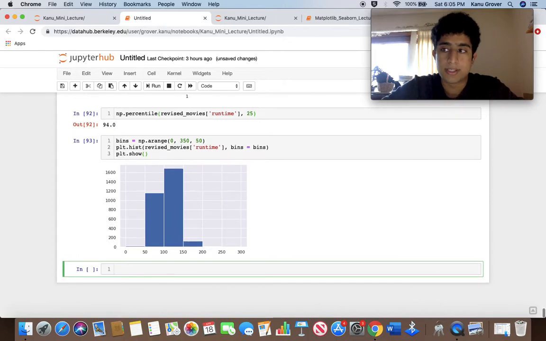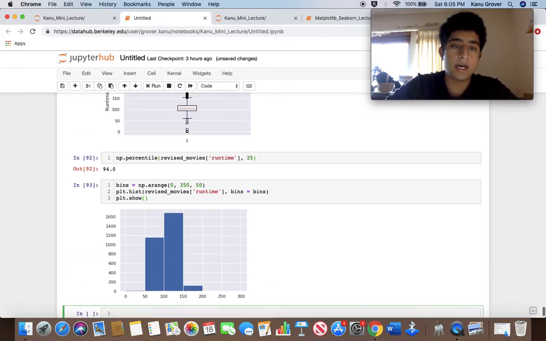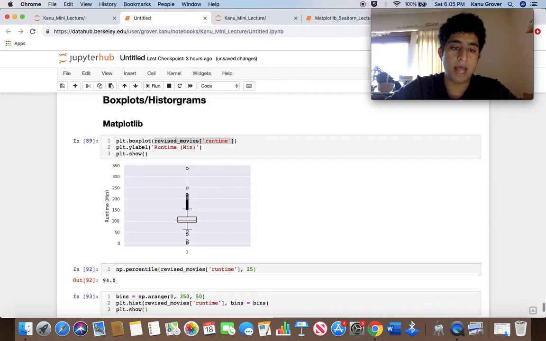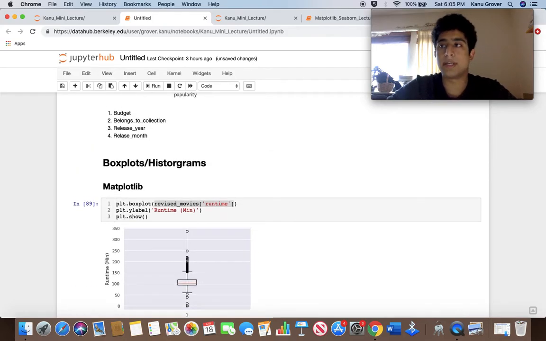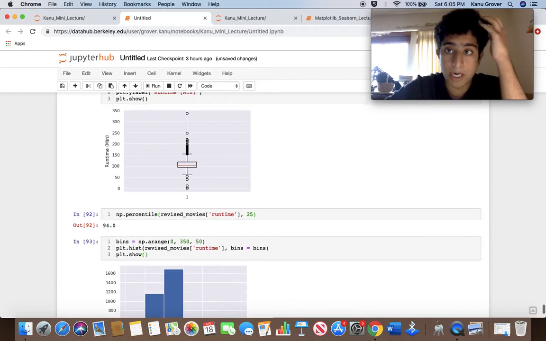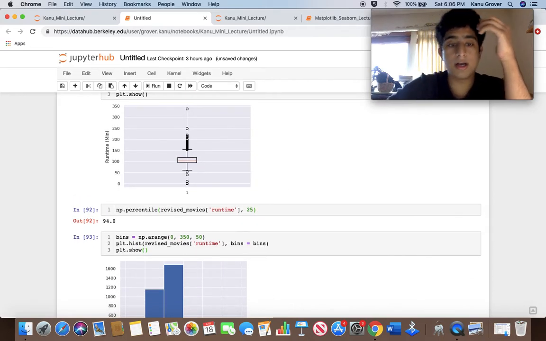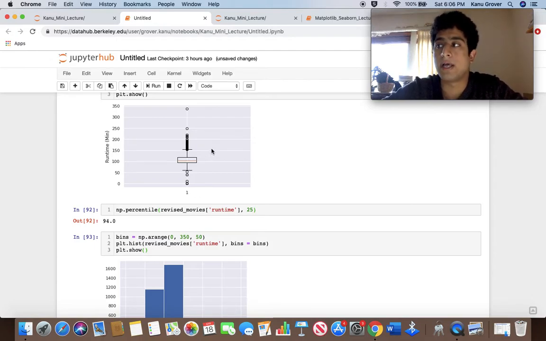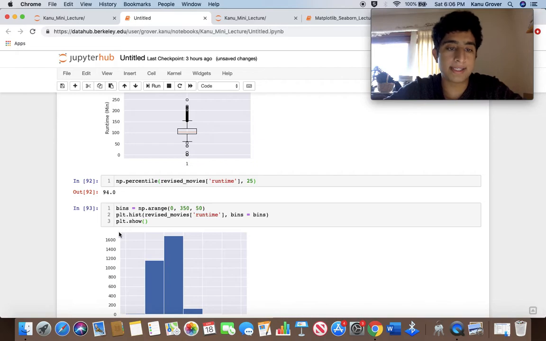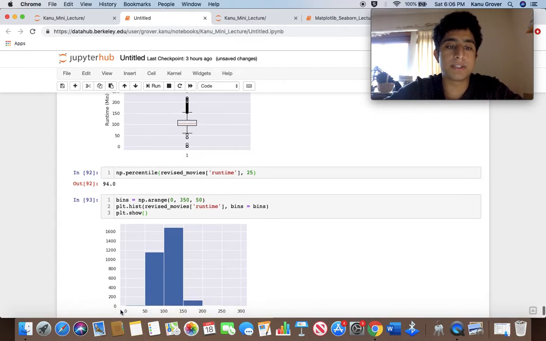Okay, so a histogram is a visualization that also describes the distribution of some numerical value, but it's a little bit more flexible than a box plot. What I mean by that is that the y-axis of a histogram typically represents some sort of a count, while the variable on the x-axis is our numerical variable, which is being measured.